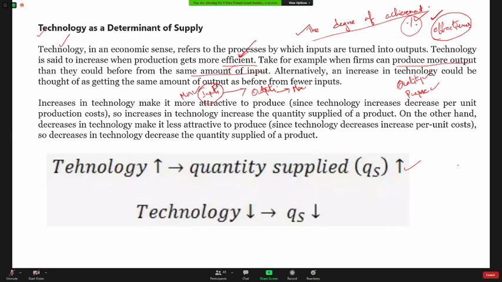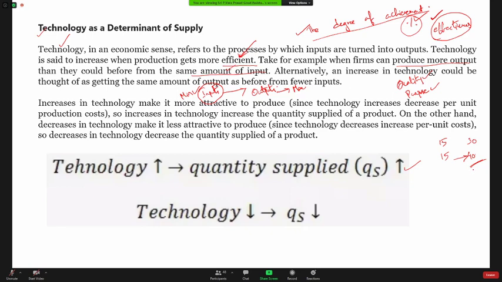Before, you used to take 15 units of leather to produce 30 units of shoes manually, let us assume. Now with new technology, you are using the same 15 units of leather and able to produce 40 units of shoes. That means there is definitely some sort of efficiency. So with technology, efficiency increases.